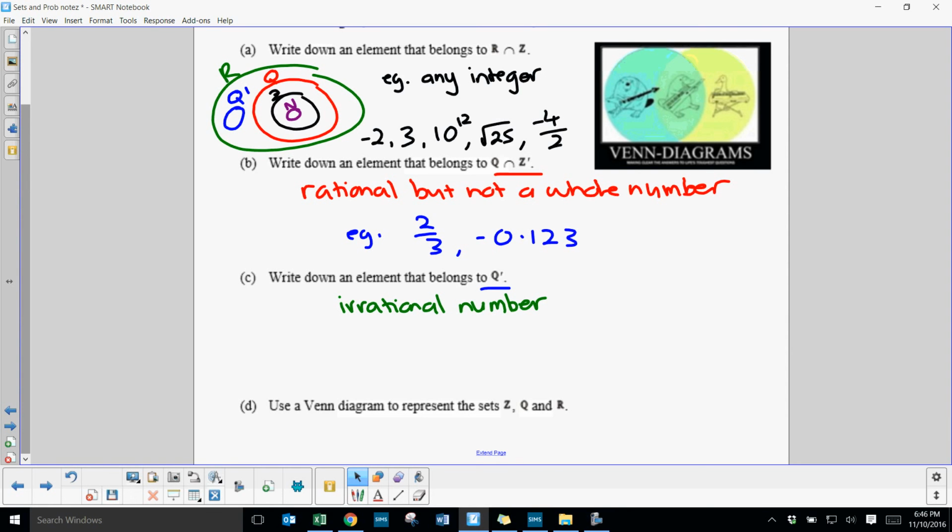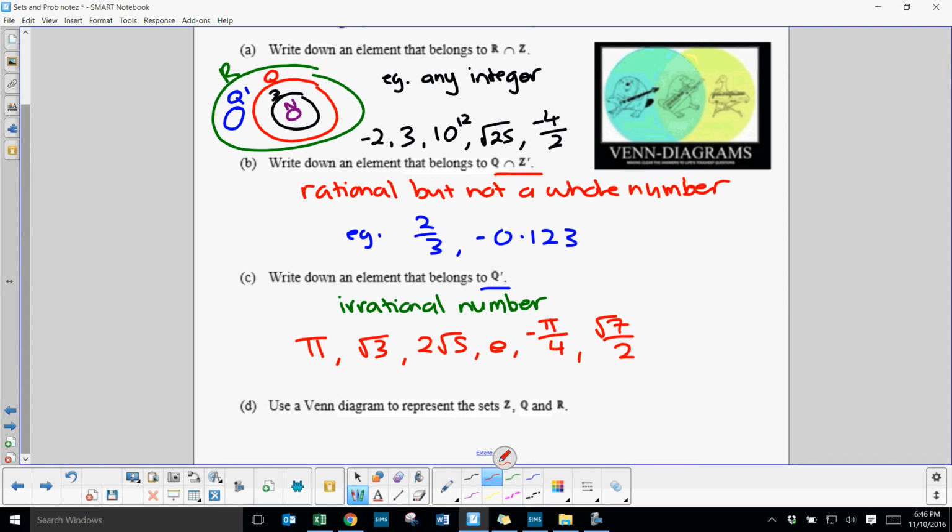So examples of irrational numbers are like pi, surds like square root of 3. We could also have 2 root 5, for example. If you plug them in, you get a number that has an infinite amount of non-recurring decimals. E, exponential, is that number. That's another irrational number, similar to pi, root 7 over 2, and so on. So you just had to say an element, just one will do.